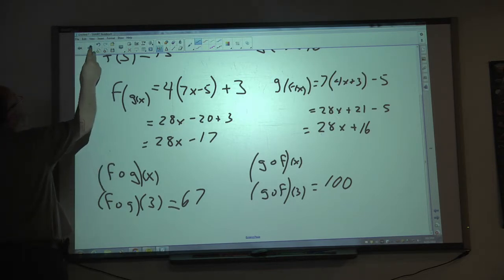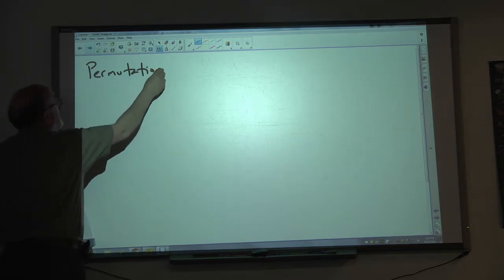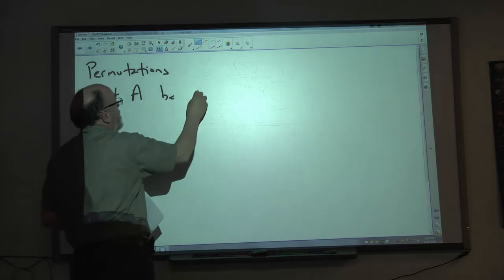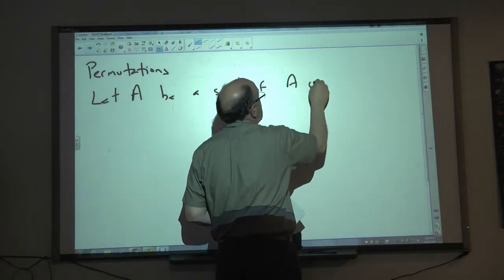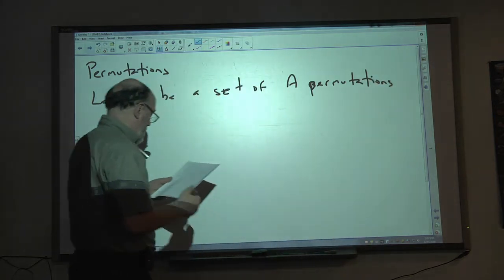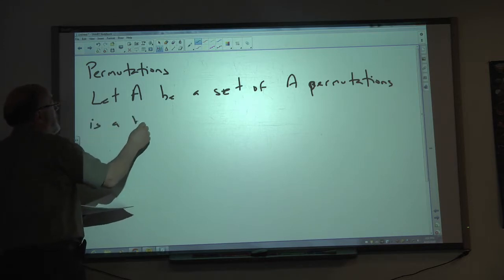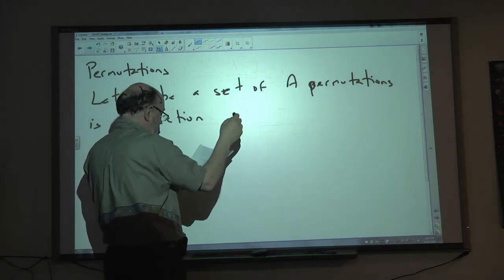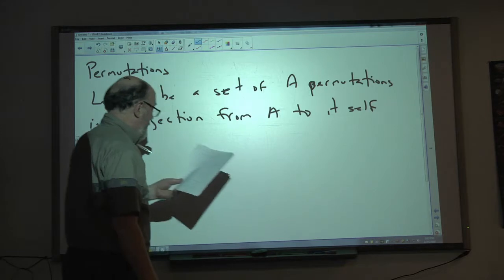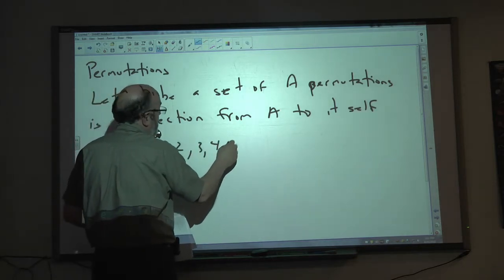And then you get to permutations. Let A be a set, and the permutations of A. So now I'm going to say let A be the set 1, 2, 3, 4, 5.